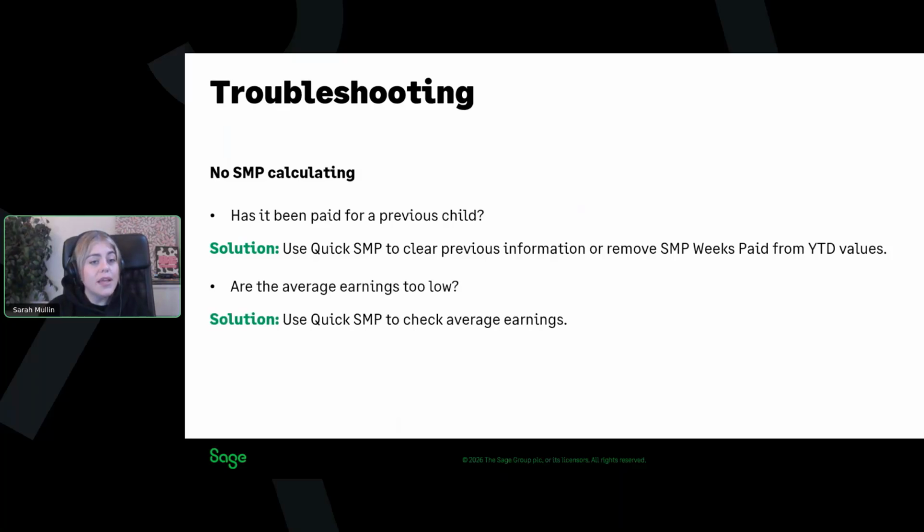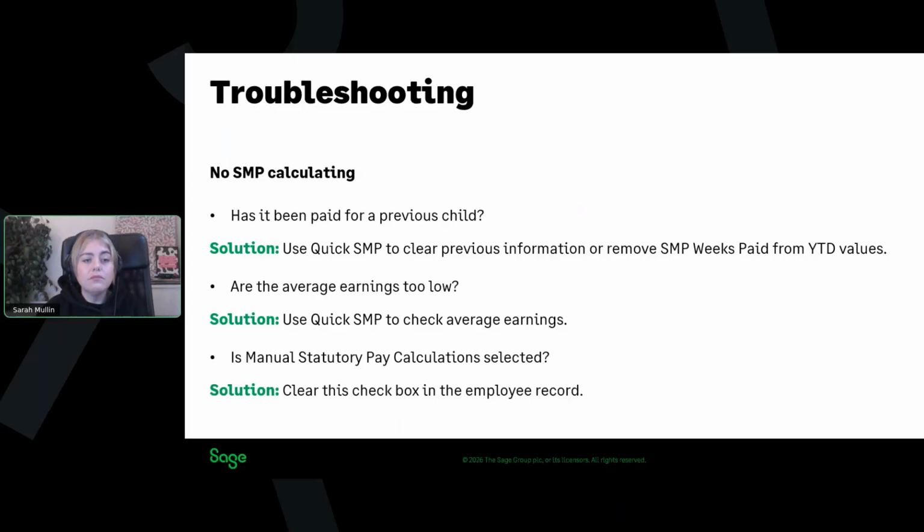Another reason it might not be calculating is the average earnings too low. So solution for this one, use your quick SMP to check those average earnings. So in our example today, we had nice 3 big green ticks on the right, but if they're not eligible, it will tell you, and it will tell you why.